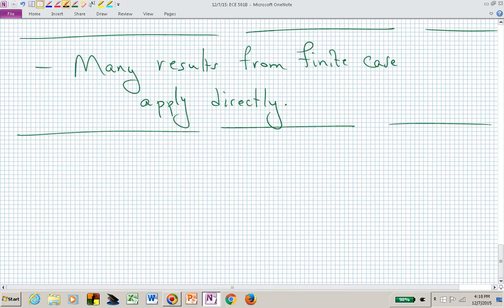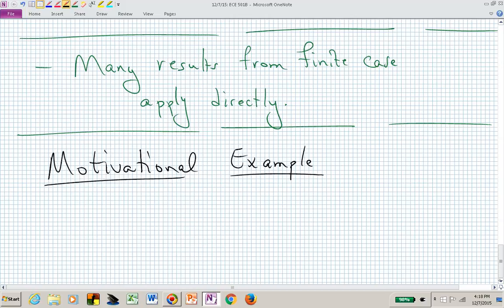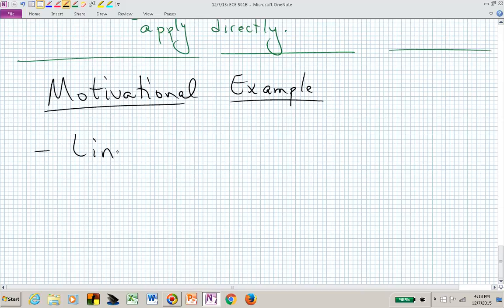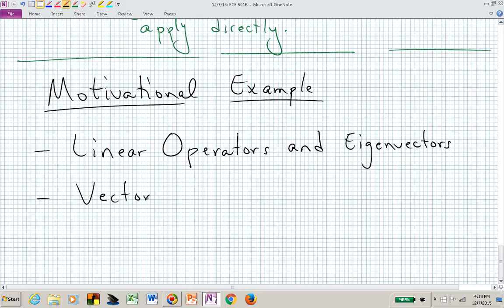Let's look at a motivational example, which is going to involve linear operators and eigenvectors and our vector representations in terms of eigenvectors.